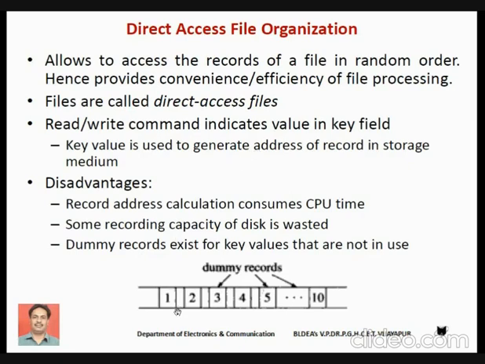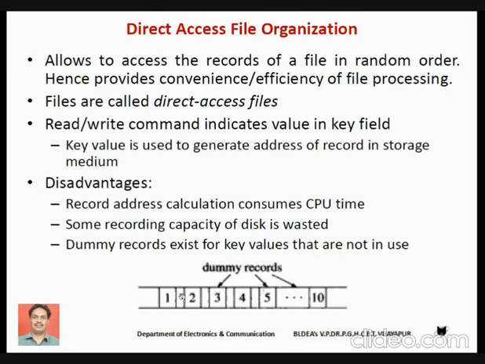Say, for example, if I want to access the third record, as I told you, for each record we require 10 bytes. 3 into 10 is 30, right? So the third record will be available from locations 21 to 30.